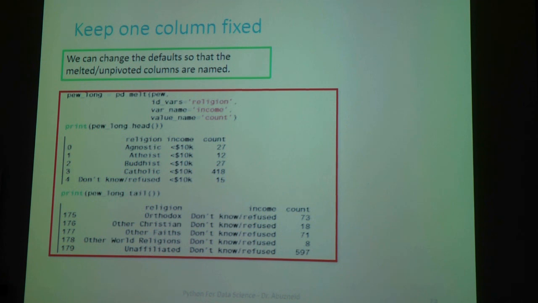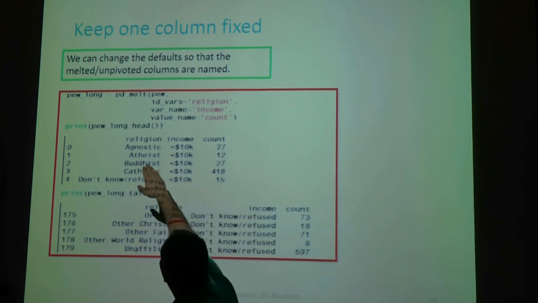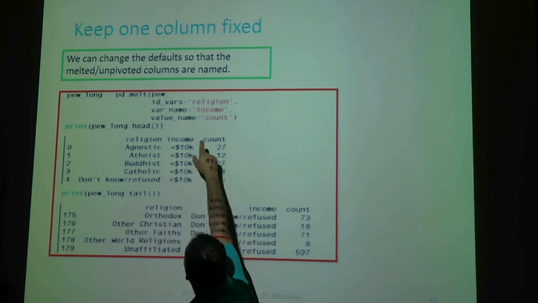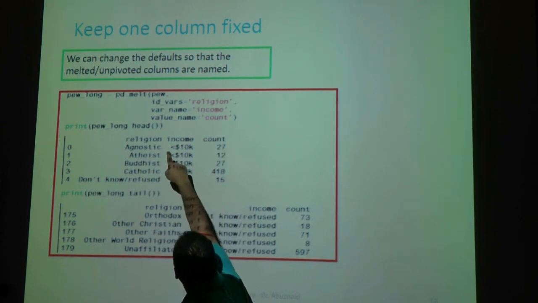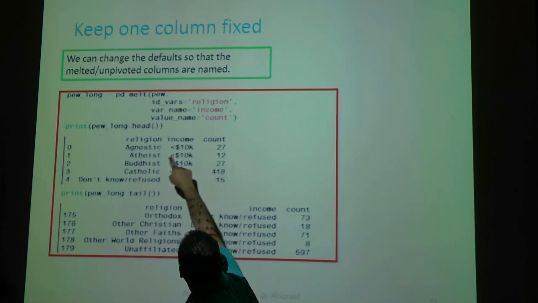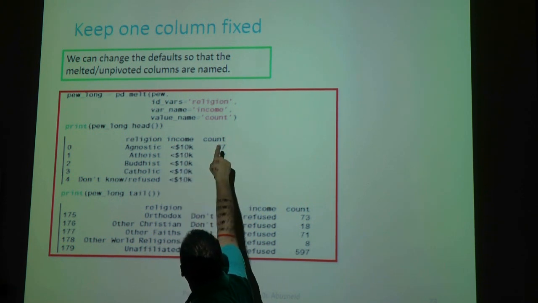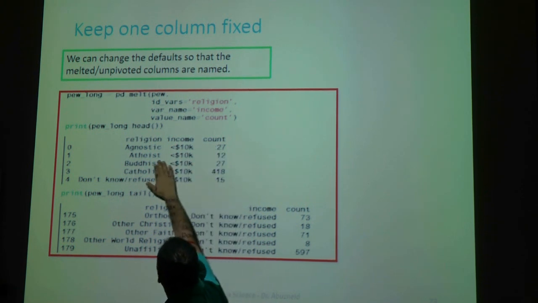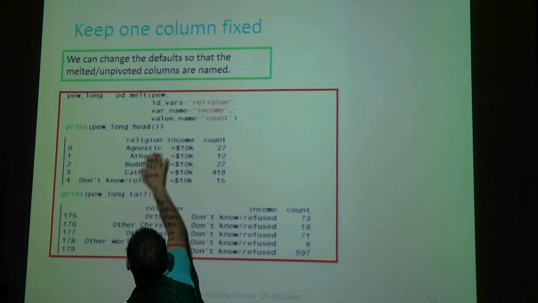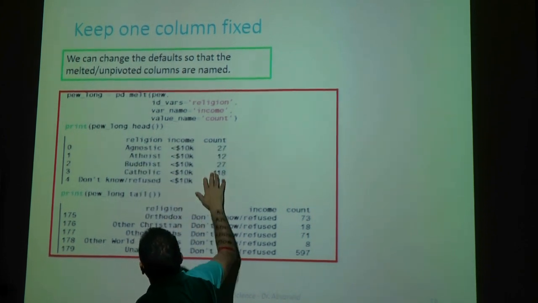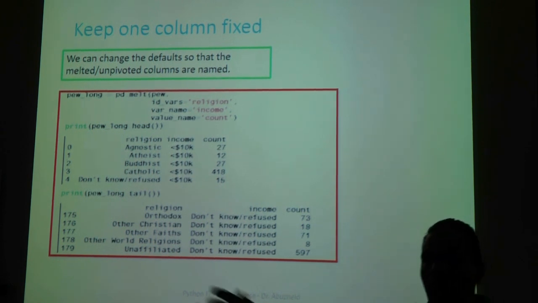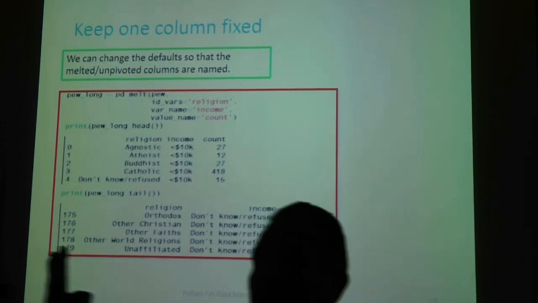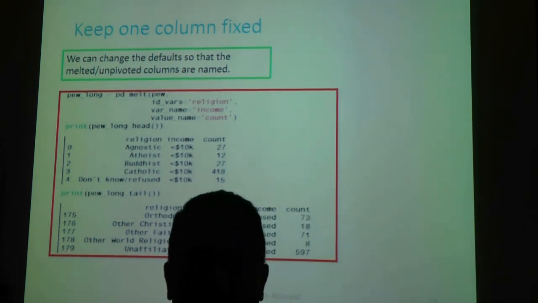So in here, for example, I could give it a name. What I did in here: melt, and for the id variables, I'm going to keep the religion. The variable name is income, and the value name is count. When I print it now, I have religion, 1 column, income, and the count. So I took many columns and converted them to 2 columns.